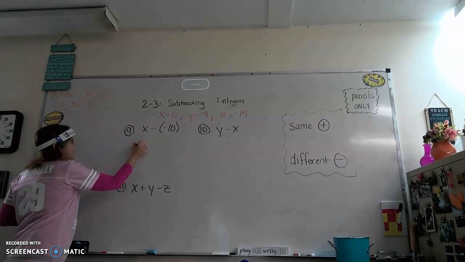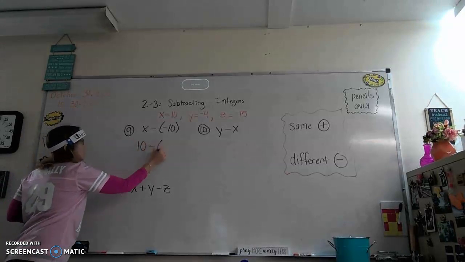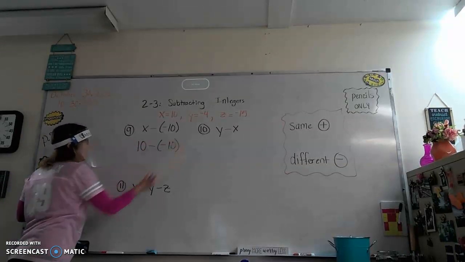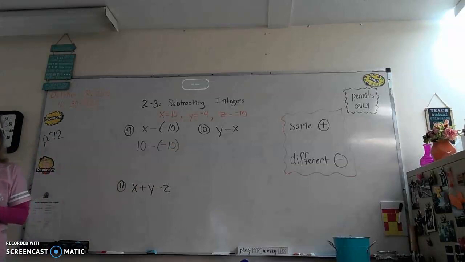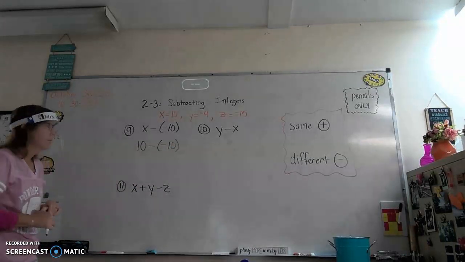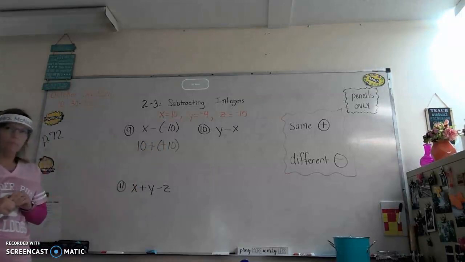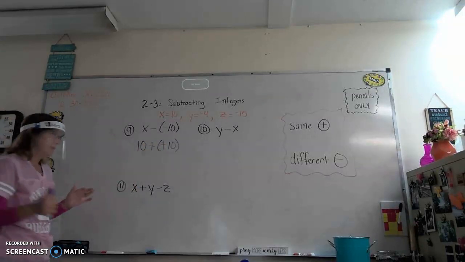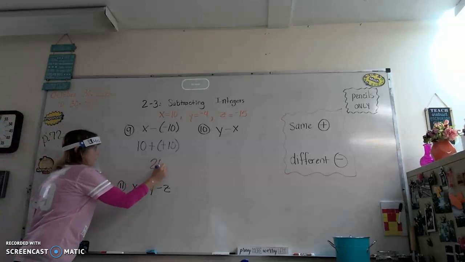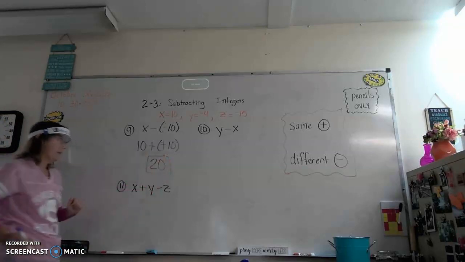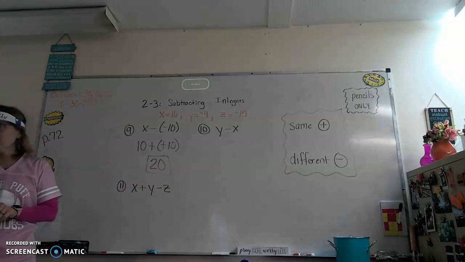So I'm going to rewrite the problem with the 10 for x. The negative to positive. Yep. So these guys change to positive, and now what? That's 10 plus 10. And the answer keeps the sign. They were positive, so my answer is positive.